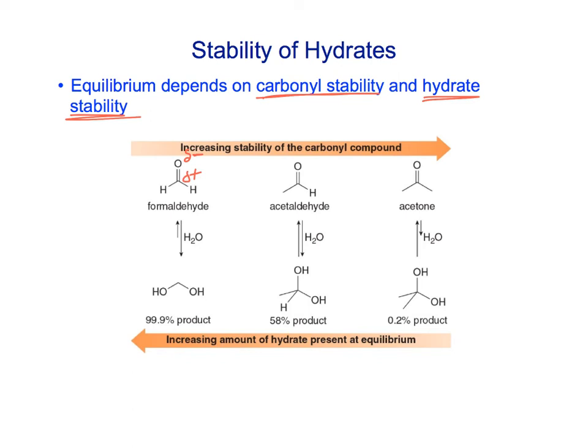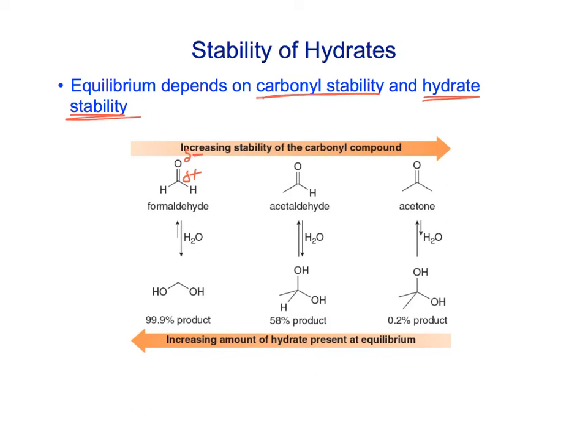Here all we have is either a hydrogen or alkyl groups. Which is better at donating electrons, the alkyl groups or the hydrogens? The alkyl groups. Okay, goes back to stabilities of carbocations. Remember, if we have carbocations, the more alkyl groups we have attached, the more stabilized it is, right?